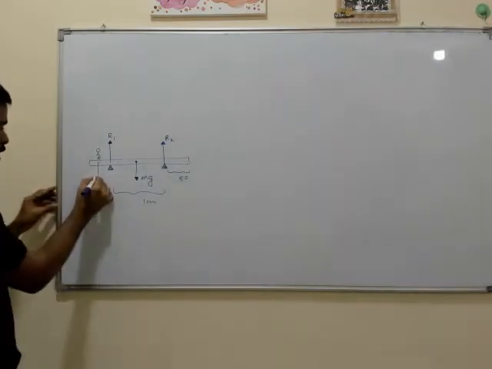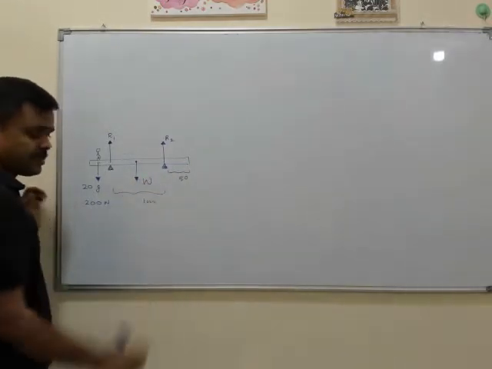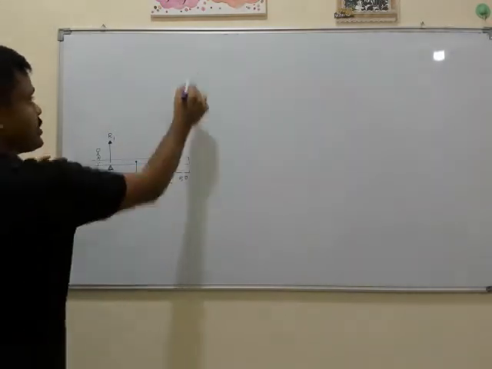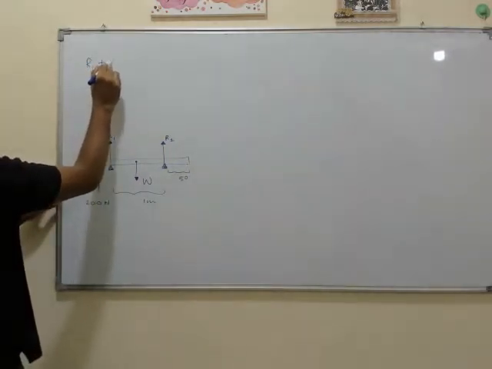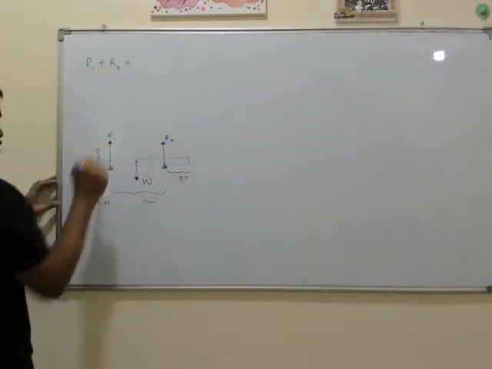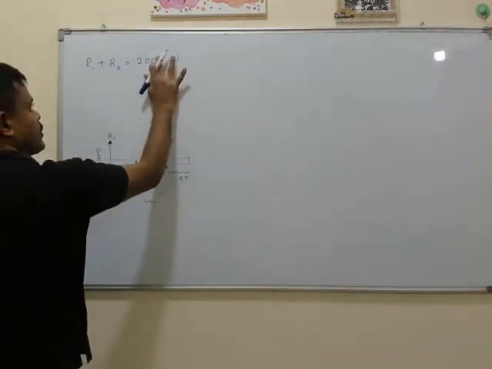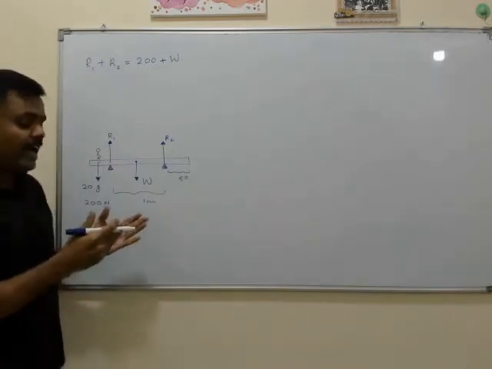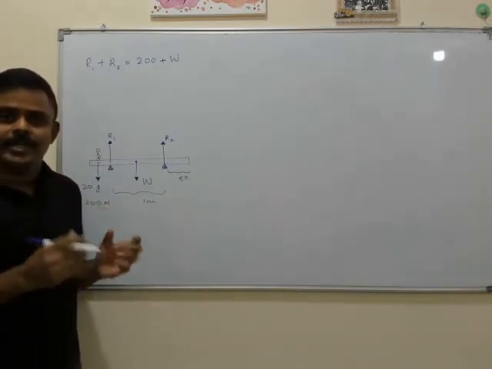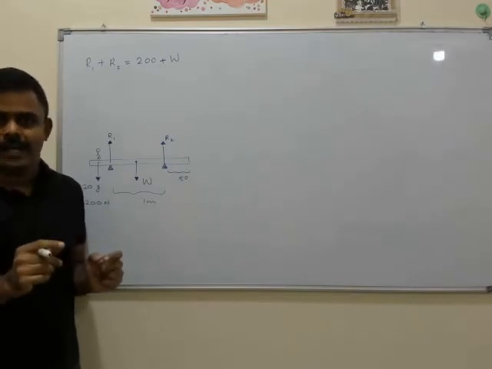Okay, so let us write down an equation for the translational equilibrium. I call the weight of the rod W. If you write down the equation for translational equilibrium, R1 plus R2 should be equal to 200 plus W. I'll tell you why. Because if we have translational equilibrium, that means forces in the y direction should balance each other.